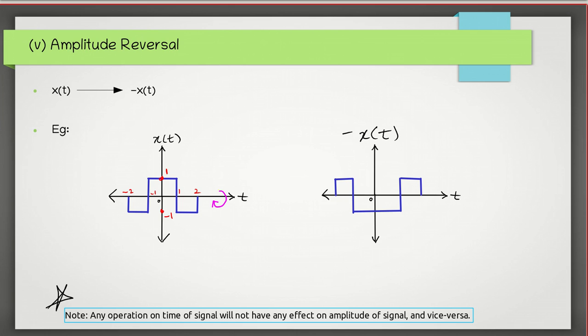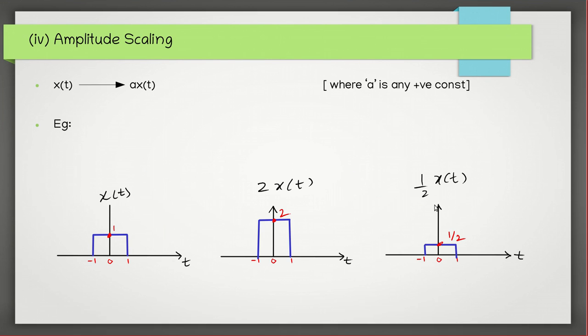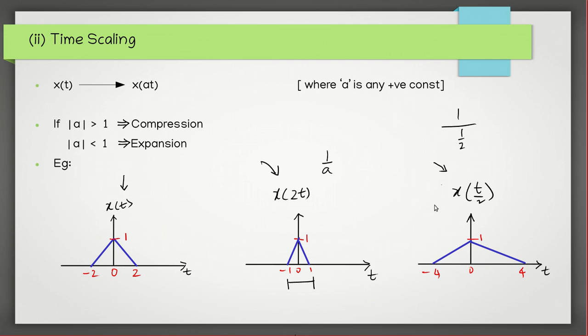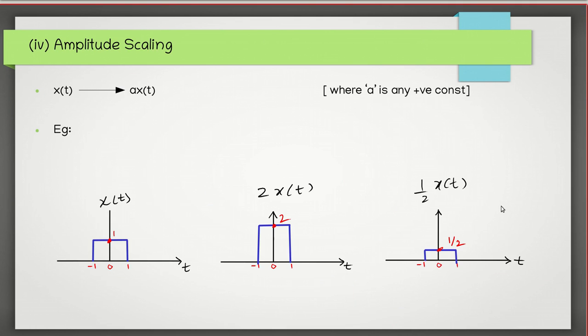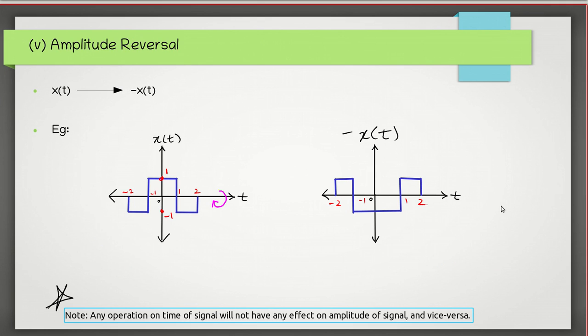Like in this case, we have performed amplitude reversal, but still the time instants will remain the same, that is -2, -1, 0, 1 and 2. And even if we look at the previous properties, like in this property we had performed time scaling, only the time axis, only the width was being changed in all the three examples. But if we observe carefully, the amplitude of the signal has remained constant. So that is an important note.